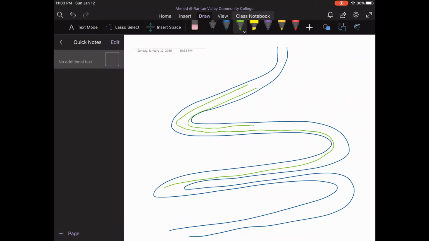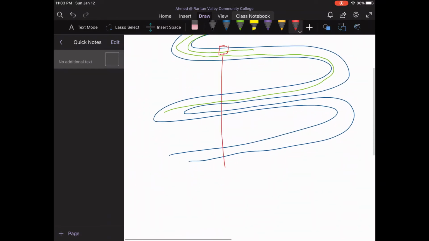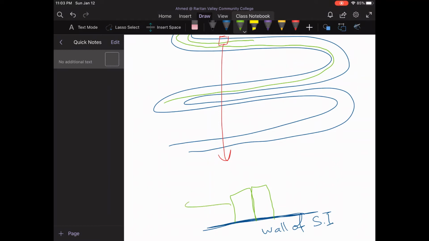So let's take part of the small intestine and enlarge it. Here, this is the wall of the small intestine, and here are the epithelial cells.